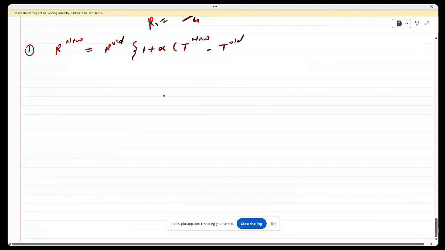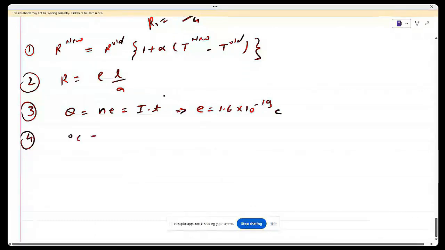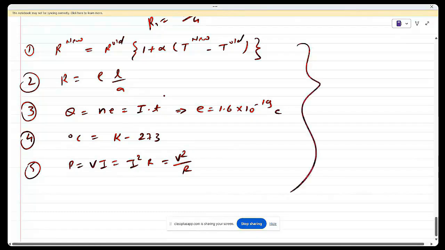Formula number 2: R is equal to rho L upon A. Formula number 3: Q is equal to Ne is equal to I into T, and e is equal to 1.6 into 10 to the power minus 19 Coulomb. Formula number 4: degree centigrade is equal to Kelvin minus 273. Formula number 5: P is equal to VI is equal to I square R is equal to V square upon R. So these are the 4 to 5 formulas which were used for these 16 questions.